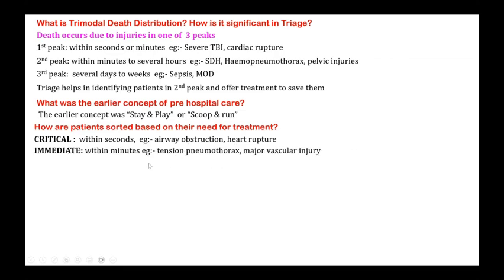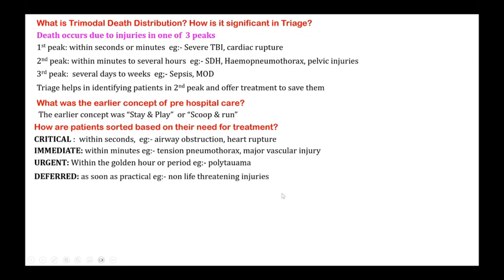They can be immediate, with tension pneumothorax or major vascular injury, or urgent, within the golden hour, or polytrauma. And deferred treatment, where it is non-life-threatening injuries, so you can even make them wait for several hours, no problem. So these are the four categories of patients you will see when you want to do the triage and treat.